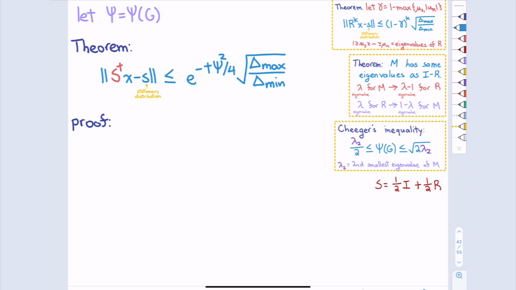We know that the second eigenvalue of S is definitely 1/2 plus the second eigenvalue of R. So if we had the gamma for our lazy random walk, I'll write it gamma_S, this is 1 minus (1/2 plus mu2 over 2), where mu2 is referring to the second eigenvalue of R.